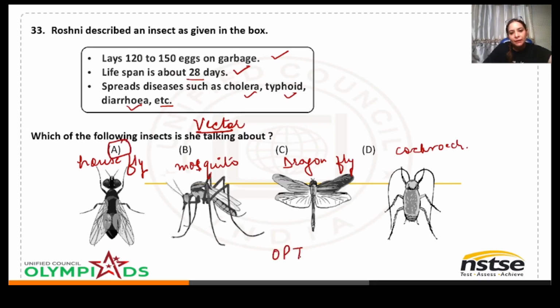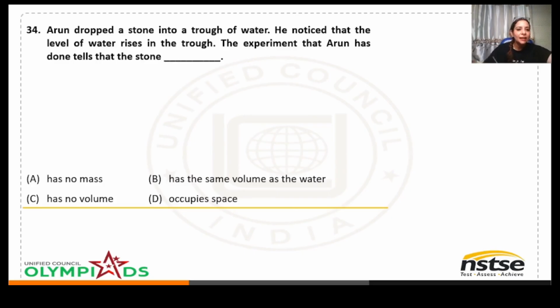So which one is correct? Option A, because the housefly acts as a vector, or you can say that it spreads the causative agent and spreads diseases. Next question. Arun dropped a stone into a trough of water. He noticed that the level of water rises in the trough.